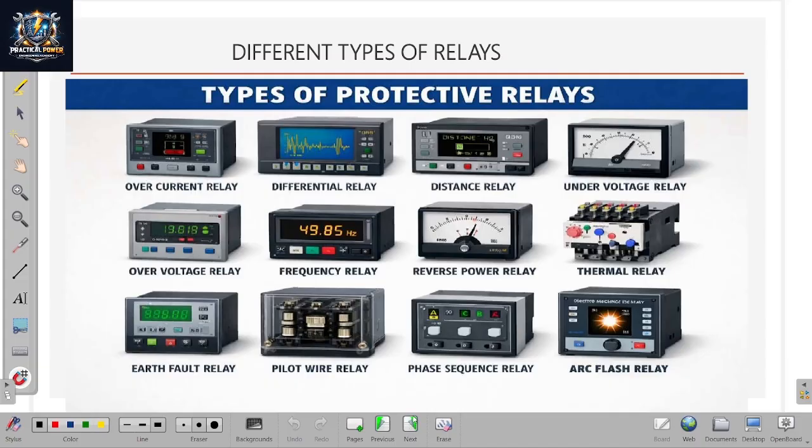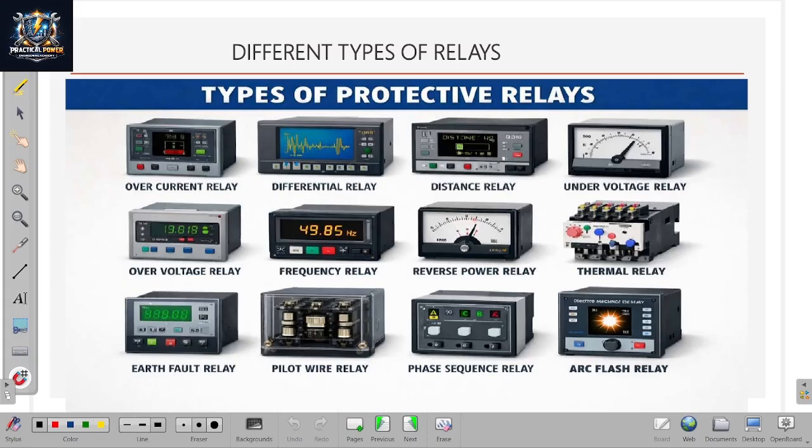Different digital relays are available nowadays. This is an overcurrent relay, differential relay, and resistance relay. This is the undervoltage, overvoltage relay, frequency relay, reverse power relay, thermal relay, pilot wire relay, earth fault relay, phase sequence relay.